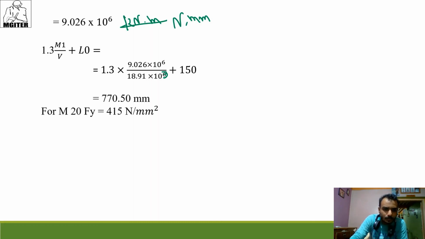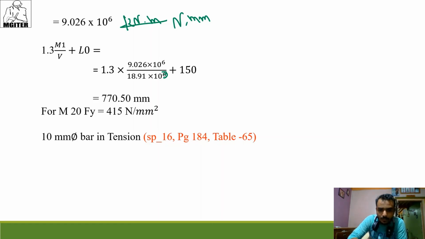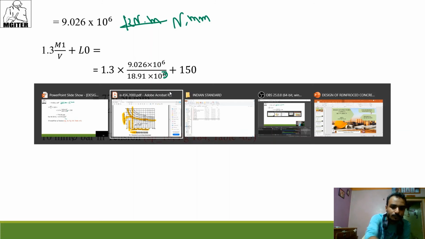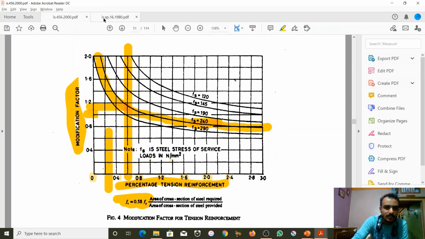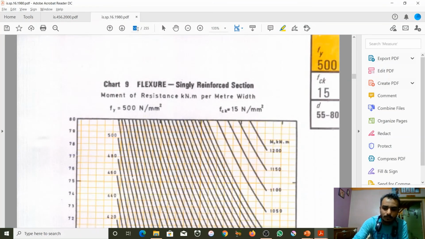And for M20 and Fe415, 10 mm diameter bar in tension, SP16, page number 184, table number 5. Let's check SP16 page number 184.